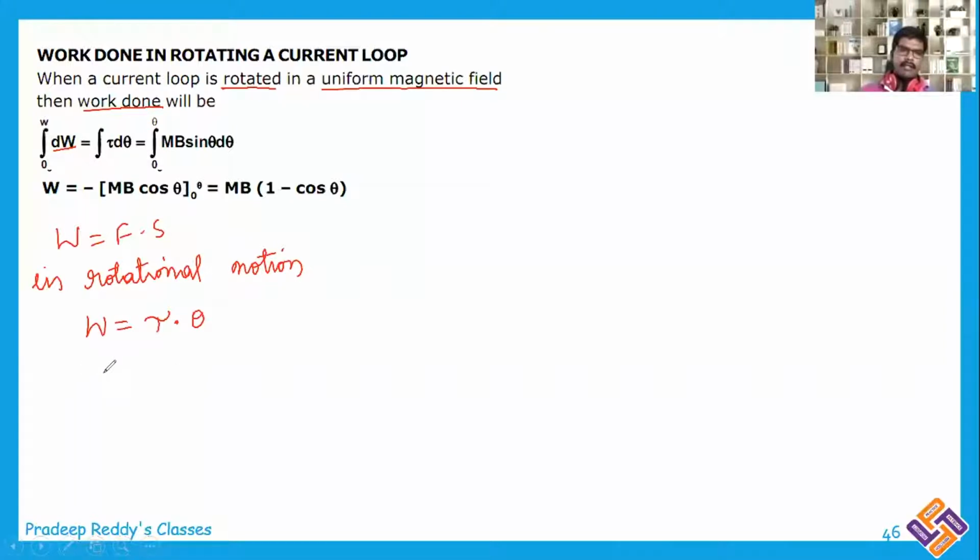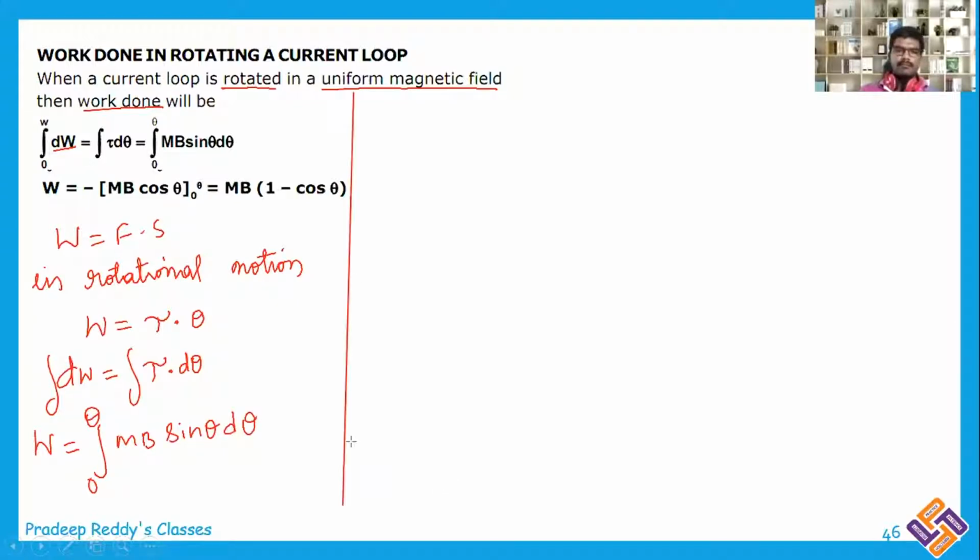Therefore, I can write dW is equal to torque tau into d theta, and I can integrate this to calculate the net work done, from theta 0 to theta, as it is being rotated. And what is tau? It is mB sine theta. You can just integrate this.